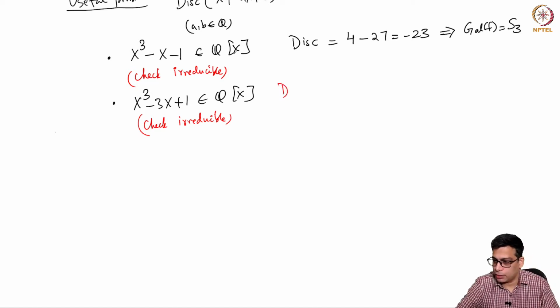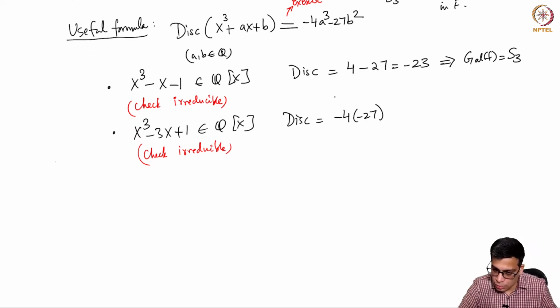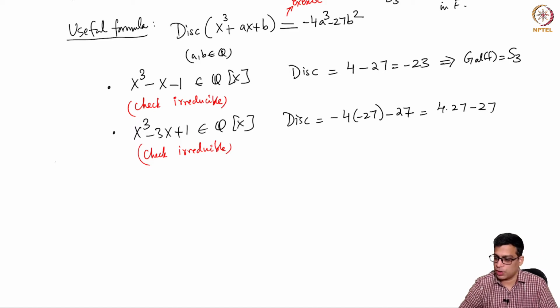Then the discriminant is minus 4 times minus 3 whole cubed, that is minus 4 times minus 27, which is plus 108, minus 27 b squared. b is 1, so that is minus 27.